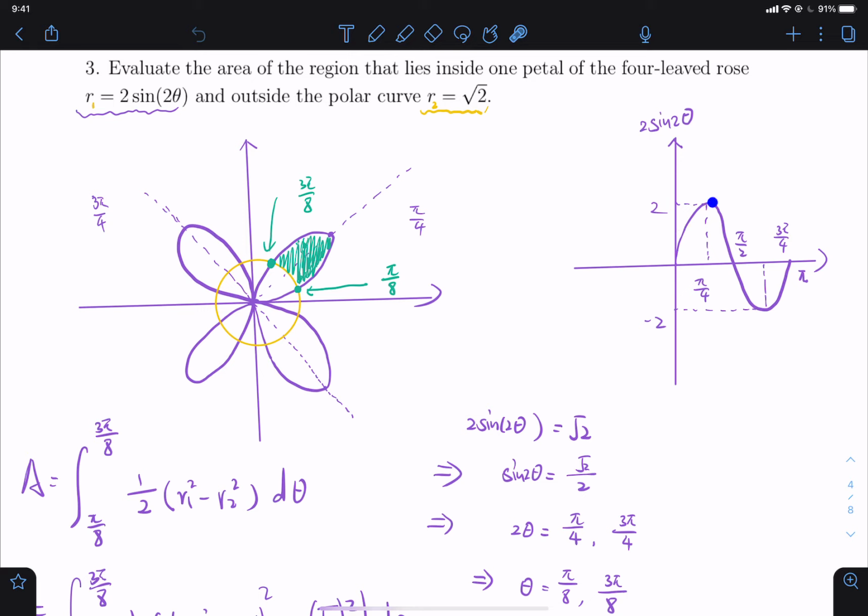And it has the maximum distance at theta equal to pi over 4. So that's why we need this angle pi over 4 here, right? As we rotate counterclockwise, this point gets further and further away from the origin, and is the farthest away at theta equal to pi over 4, right?